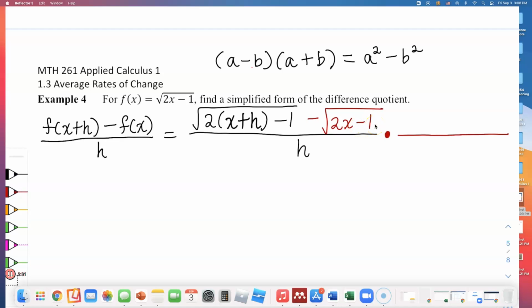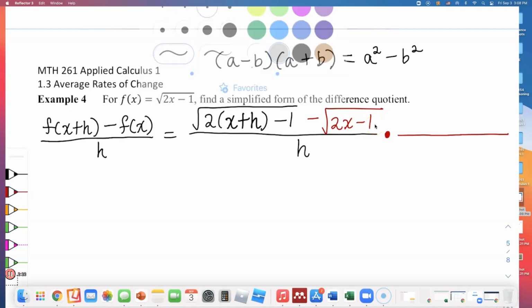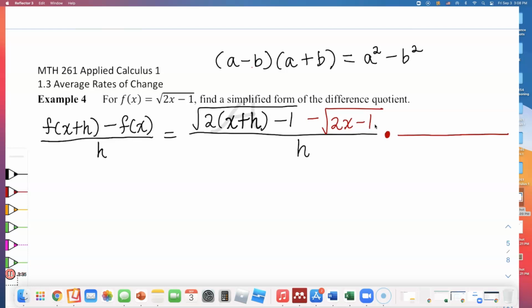So I'll write over it. Take a look. Think of this first square root as a. Then what you're looking at is a minus b. So I want to multiply a minus b times a plus b.